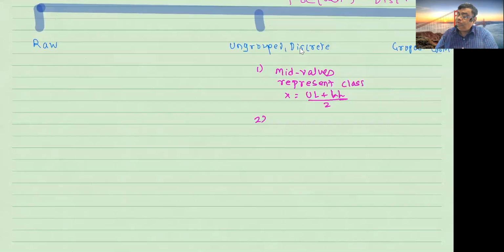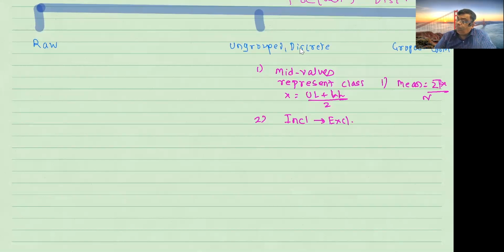The second thing you have to necessarily note is that inclusive classes must be converted to exclusive classes. ये compulsory है. And once you do that, most of the formulae are the same as for ungrouped data. So the mean is equal to summation fx upon capital N. Same formula.